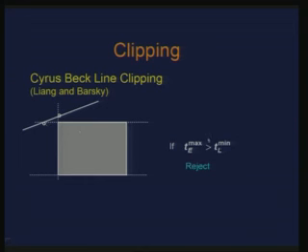So, the evaluation of T e max and T l min can also help you in rejecting the line. This is basically based on finding the intersection, that is all it is about. And the trivial rejection part comes after the evaluation of these T's.